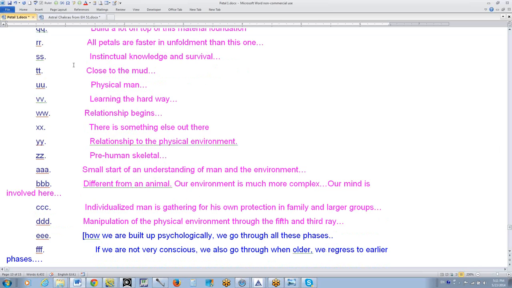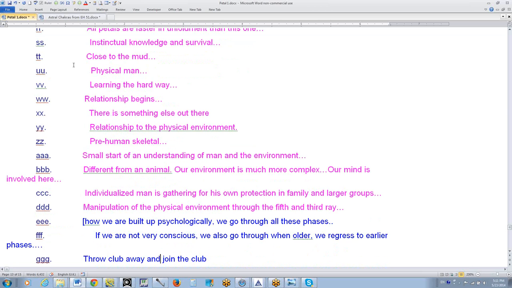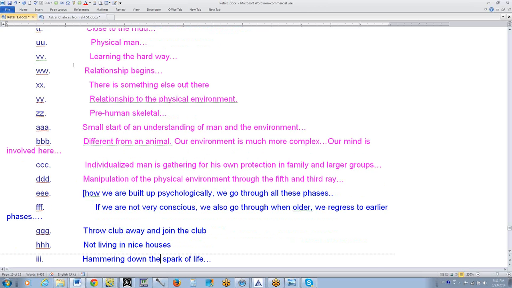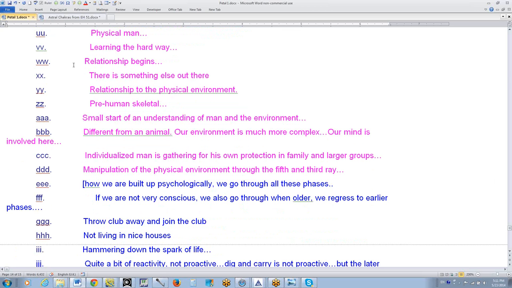Relationship begins, but not really until the second petal. Does something that we call love begin to transcend instinct? Our relationship is primarily to the physical environment. We wonder why more of the skeletal remains are not to be found.